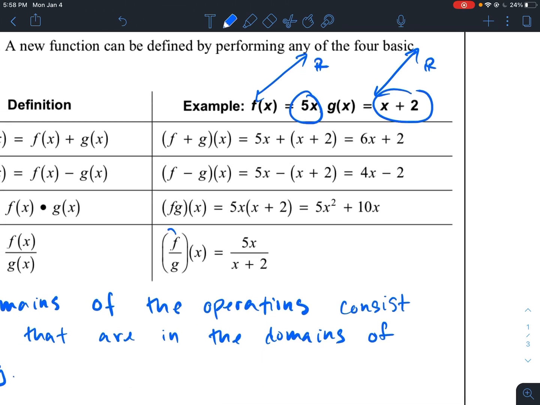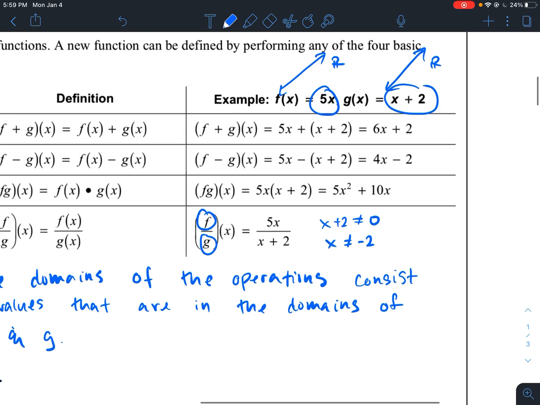However, when you take f divided by g, it looks like this. That means x, which could represent any number, could make the denominator 0. The denominator, x plus 2, cannot equal 0. That means x cannot equal negative 2, because if x equals negative 2, I get negative 2 plus 2, which is 0, and we can't have a 0 in the denominator because you can't divide by 0.